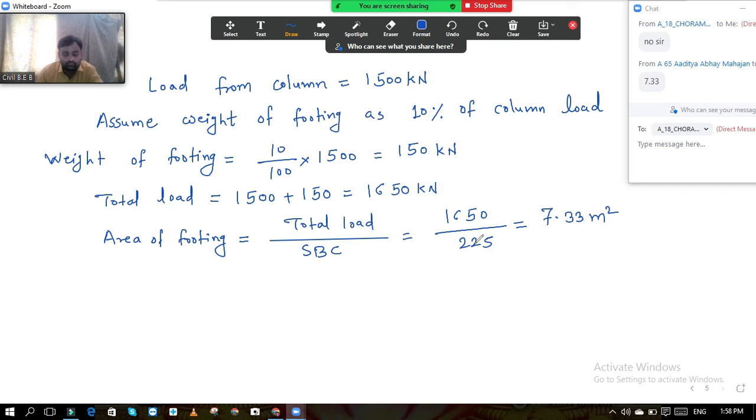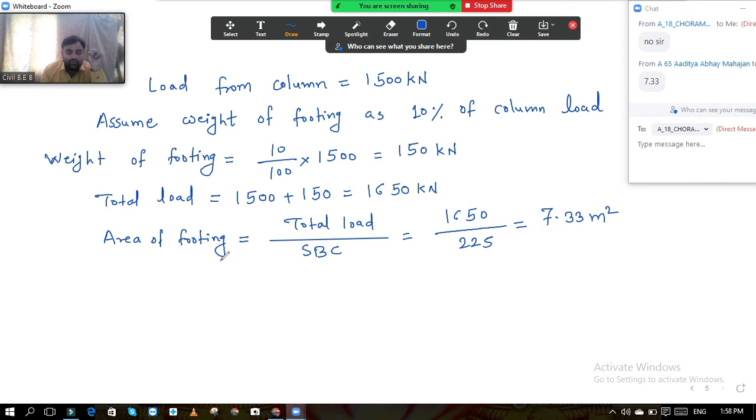Okay. So now whatever footing we are going to design, in the numerical itself they told us to design the square footing. So you know that a square has both the sides same, equal.